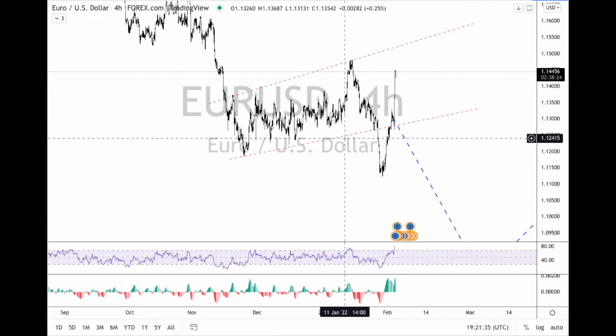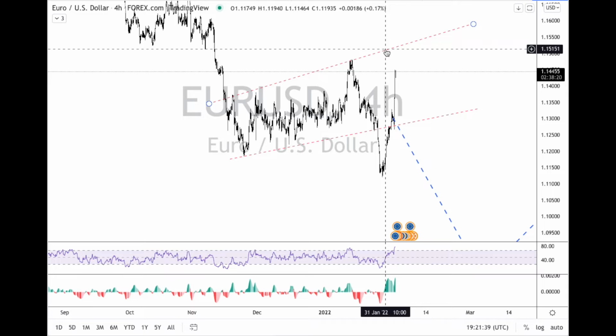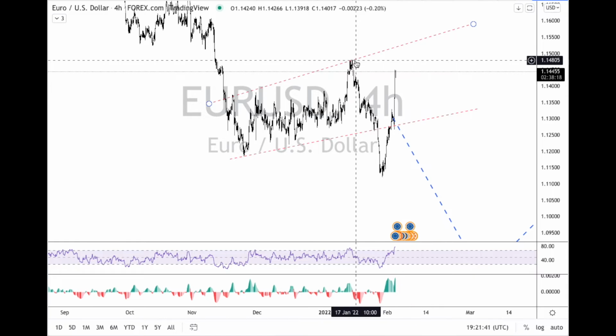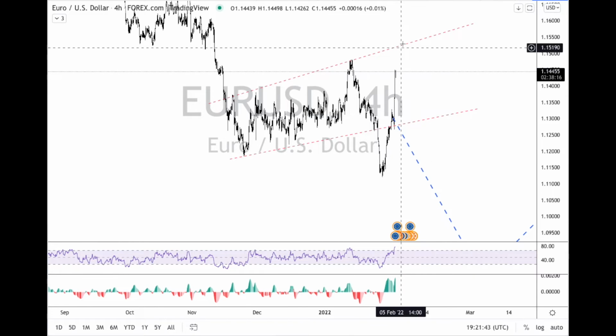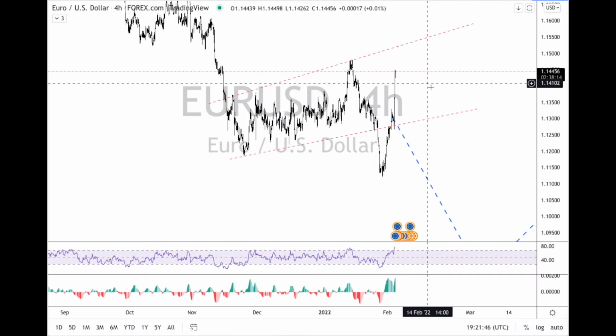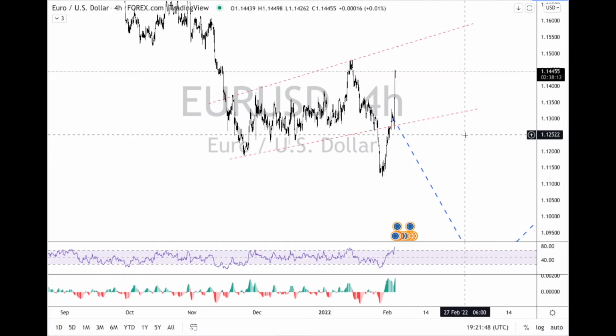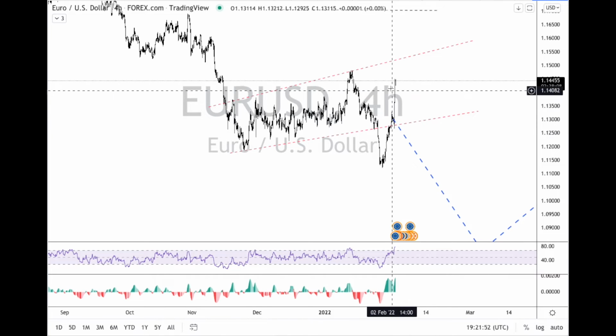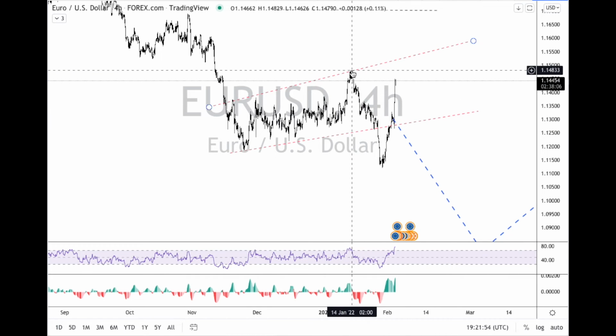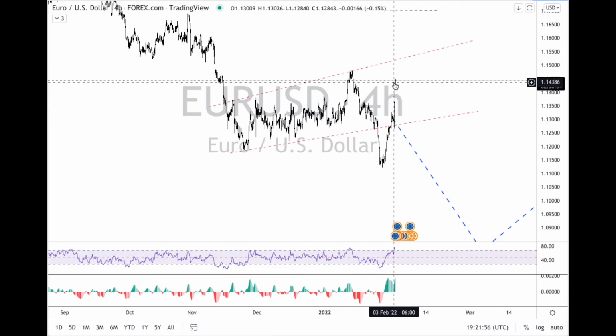And as you can see, it's still within this structure, okay? So this is by no means saying that this is now an uptrend for the Euro USD, so you should start buying, because in order for you to even consider this as a possible buy, it needs to break this level and go even higher.